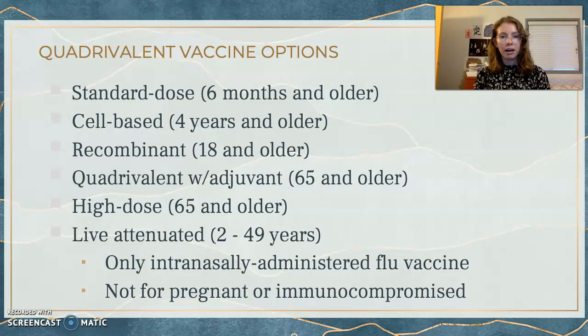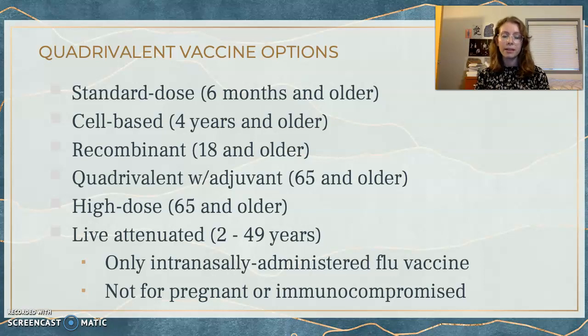As I said, there are many vaccine options, and the CDC recommends annual vaccinations for people 6 months and older. But the different vaccine options have different age demographics. The standard dose vaccine is egg-based and inactivated, and it's meant for those 6 months and older.